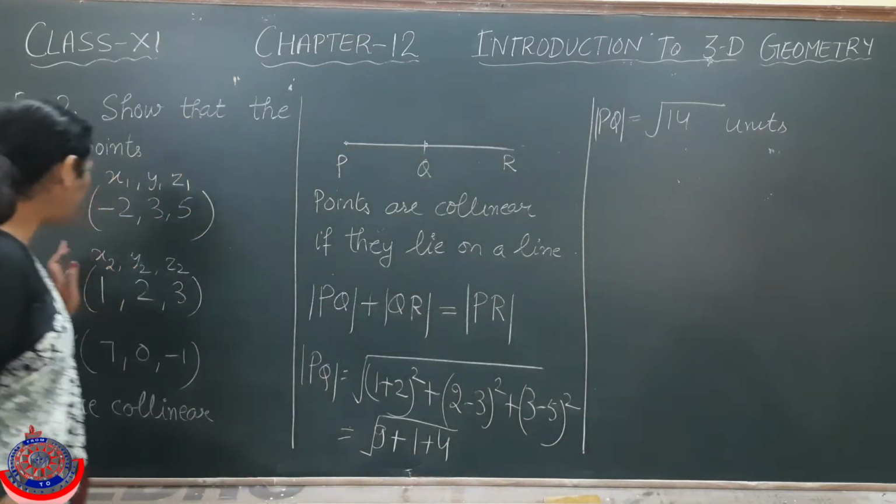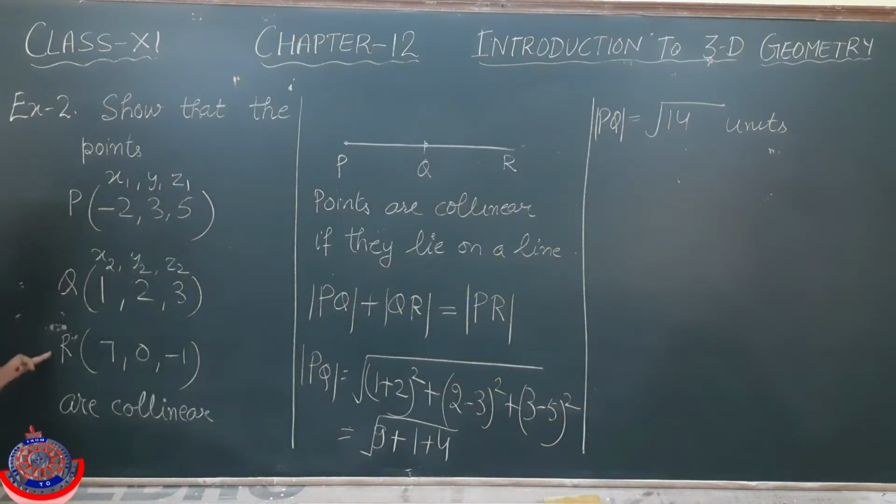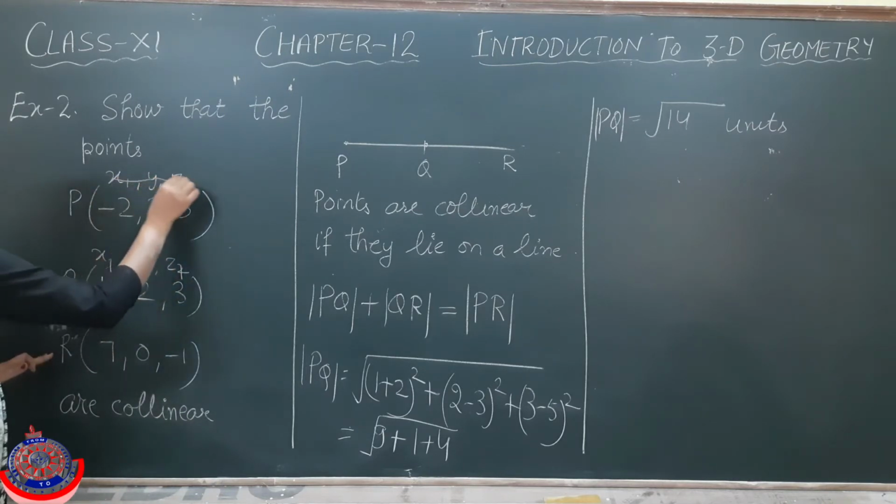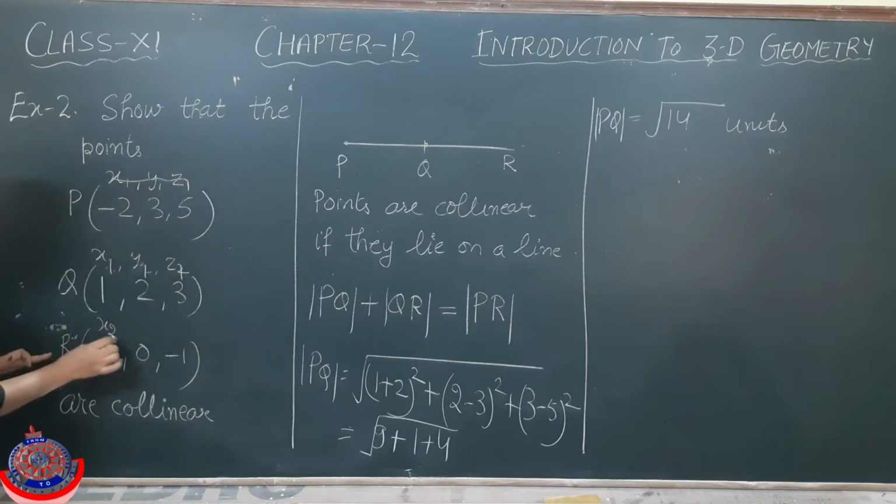Then if we try to find the distance between Q and R, so let us make it x1, y1, z1, and this has x2, y2 and z2.